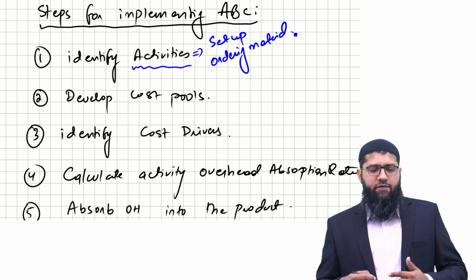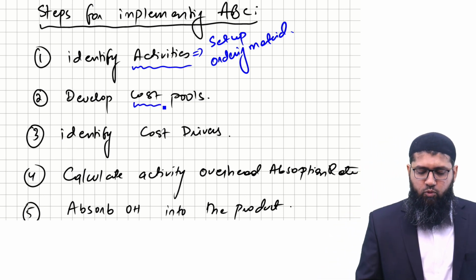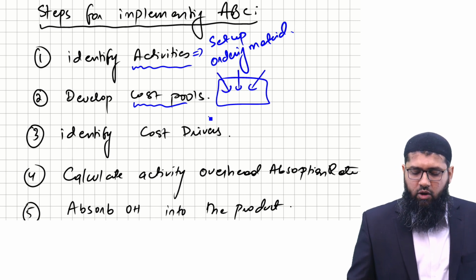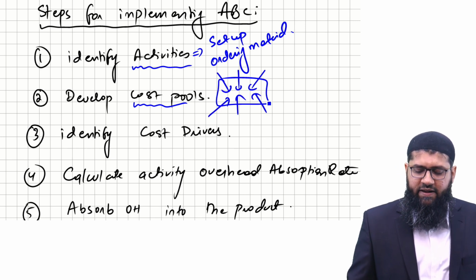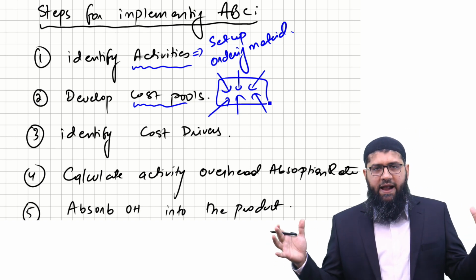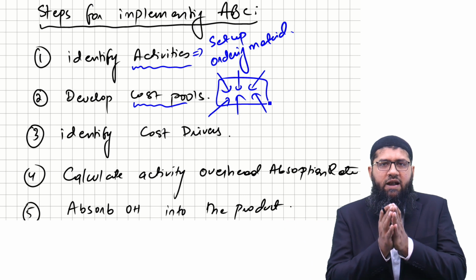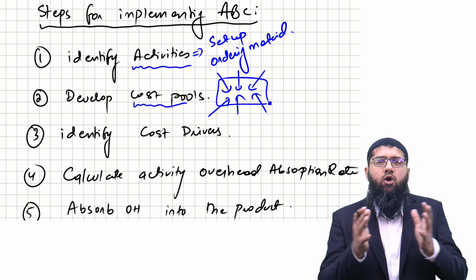The second thing that you have to do is develop the cost pools. What do you mean by cost pool? For every specific activity, you combine all the costs from here, there, etc., and resultingly you get a cost pool.